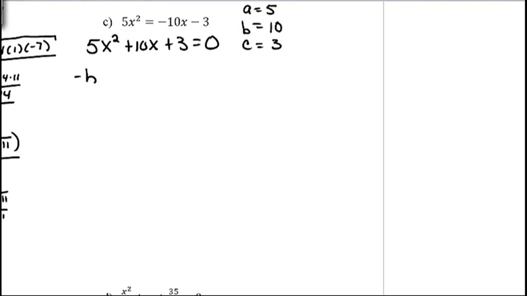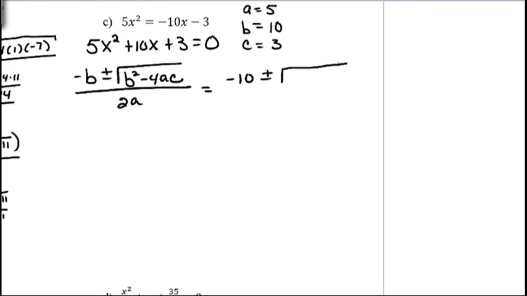So the quadratic formula is negative b plus or minus the square root of b squared minus 4ac all over 2a. So negative b is going to be negative 10 plus or minus the square root of b squared, so it'll be 10 squared, minus 4 times a, which is 5, and then times c, which is 3. And all over 2 times a, and our a is 5.